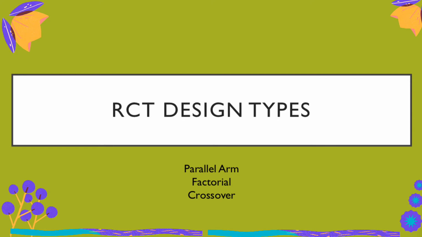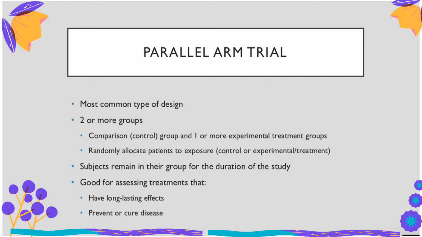What are the different RCT design types? We have parallel arm, factorial, and crossover. For parallel arm trial, this is the most common type of design. It involves two or more groups, which are the comparison control group, and one or more experimental treatment groups.